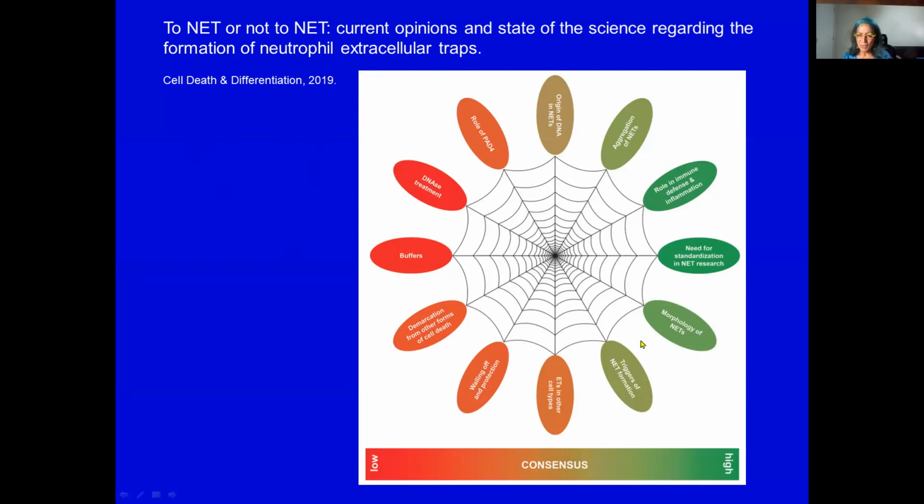So based on this survey, they classified the answers about different questions that they put in the consensus, these green ones, and the ones that don't have consensus at all. So it's very well established that we need to standardize NET research.